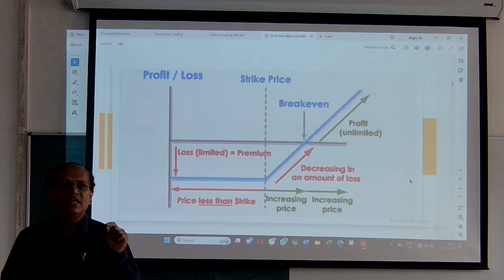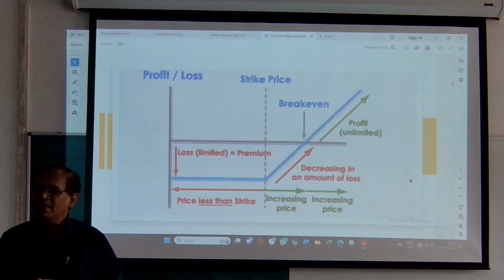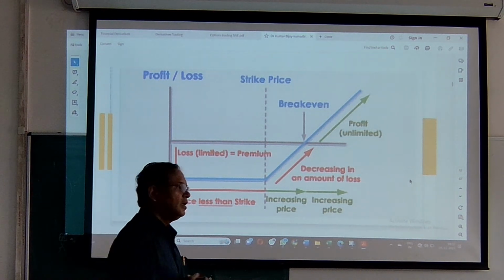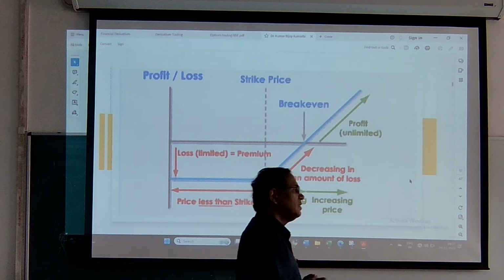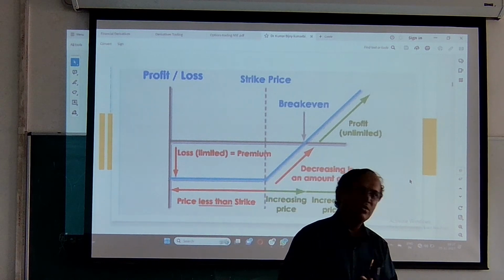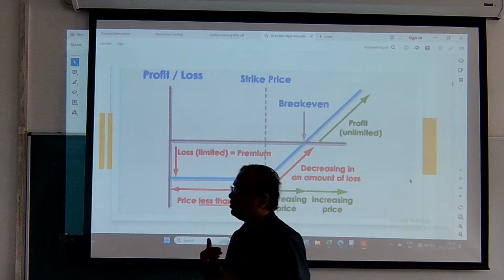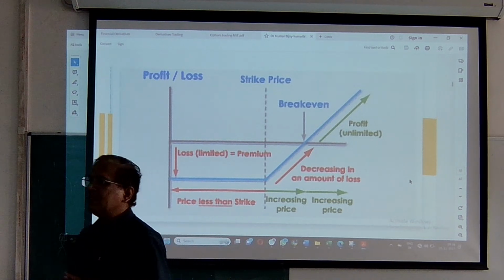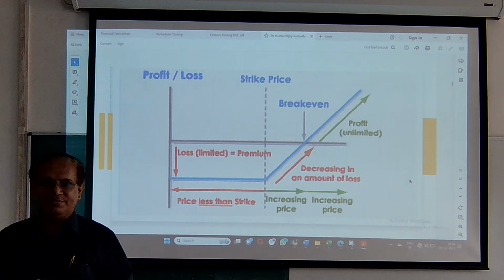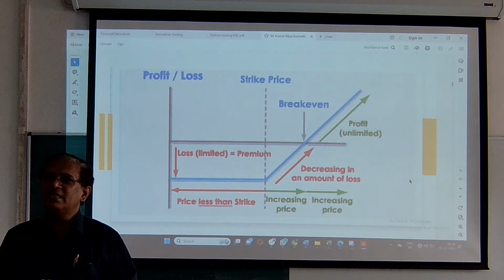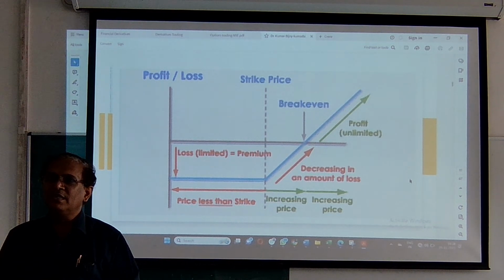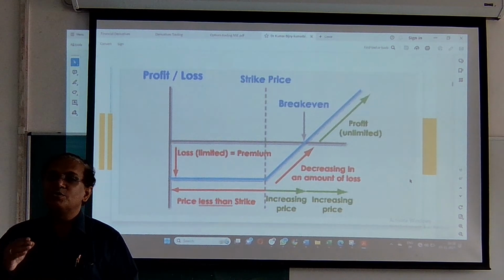Now will the buyer decide the price or the seller? Normally we understand that the price is decided by the seller, because in this case you will find the seller is taking huge risk. Why is the seller taking unlimited risk? Because price can go to any level.